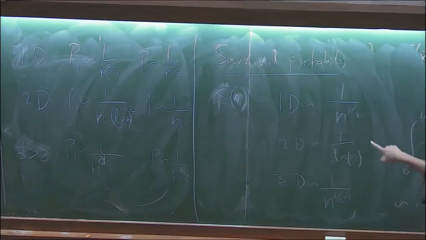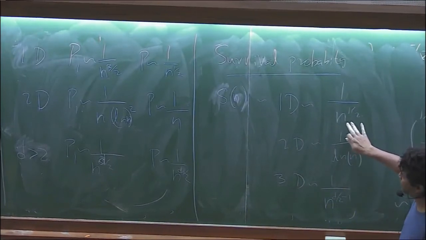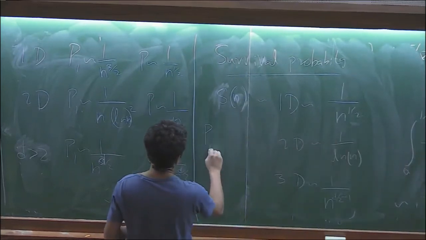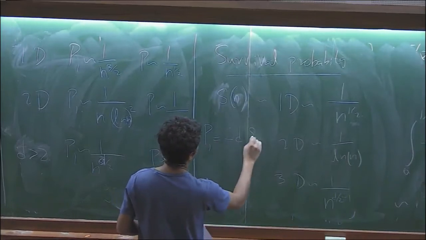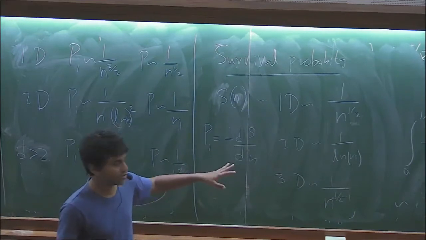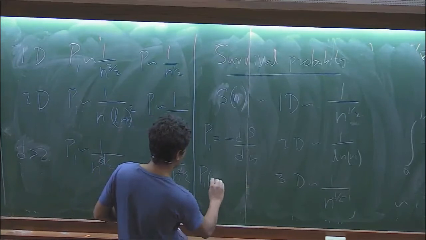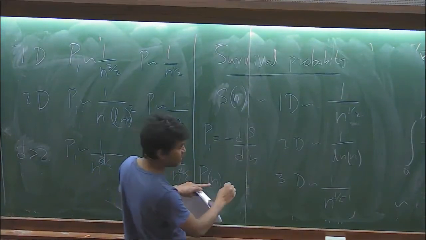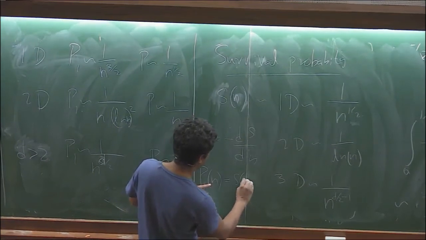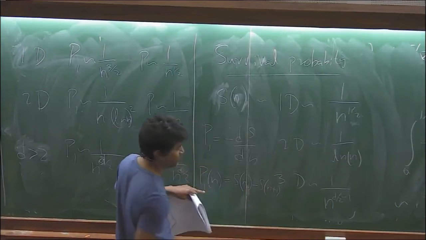Okay. So this is the result in 1D, and basically this and this are related. P1 is actually minus ds by dn, if you think of the continuum limit. In the discrete case, you can write P of n, the probability that it returns at the nth step, is equal to the probability that it survived till time n minus the probability it survived till n plus 1.